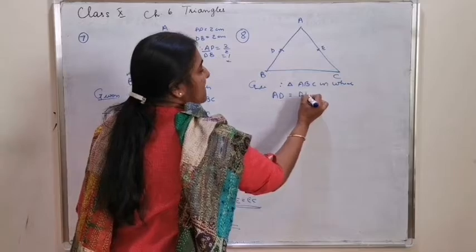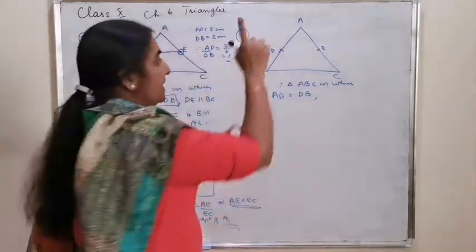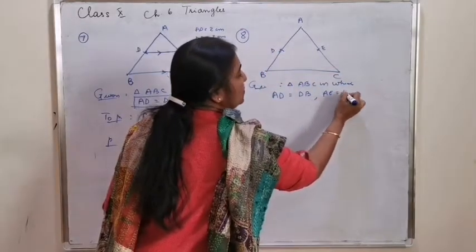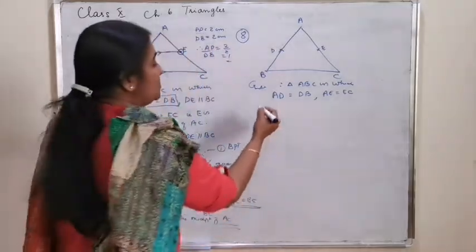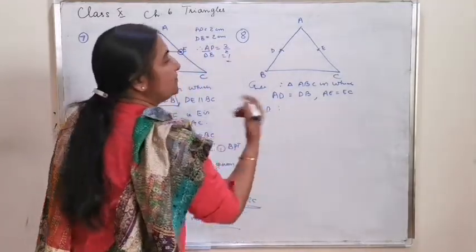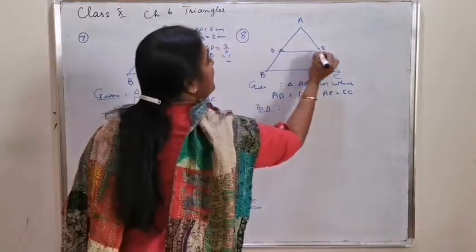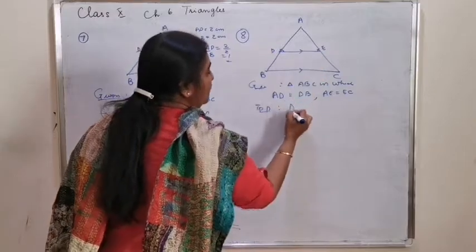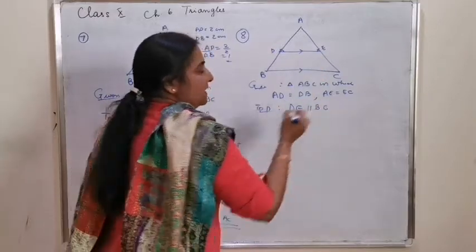AD and DB are equal, AE and EC are also equal. What is to prove? To prove is the line DE is parallel to BC.